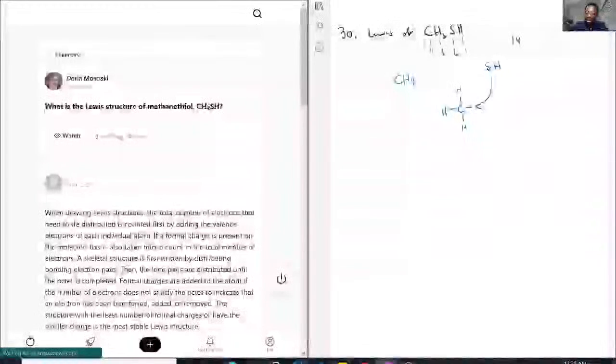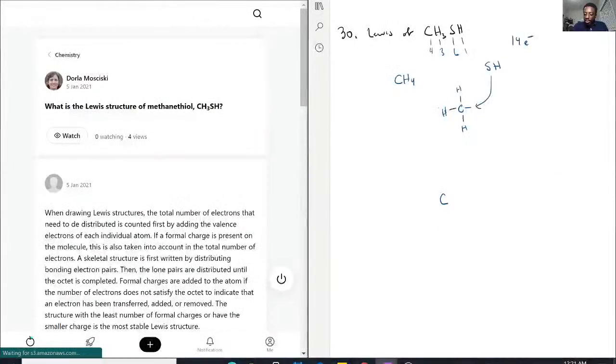We have 14 electrons total. And now, let's go ahead and set it up. Based on how we mentioned the thiol, we're going to put the carbon and the sulfur next to each other, okay? And then we just have 2, 3, and 1.